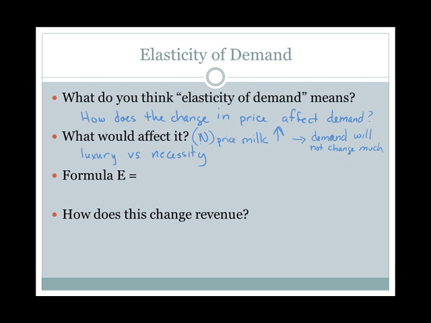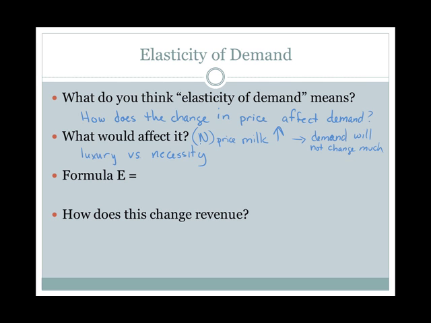I know when the price of milk went way up a few years ago, I said to my children, it's still important for you to drink milk, but let's not drink it like it's water. We might try to not buy 4 gallons of milk a week. We might try to buy 3 gallons a week. But the demand is going to stay about the same.